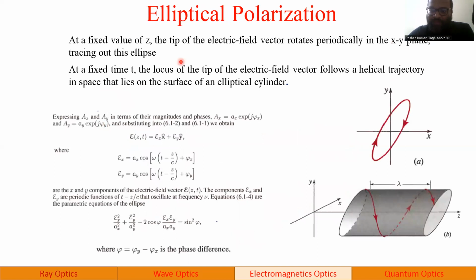Now we see what happens when the phase difference is 0, pi, or plus minus pi by 2. But what happens when the phase difference is beyond these angles? Then the wave travels in a helical path. When the phase difference is neither 0, nor pi, nor plus minus pi by 2, the wave propagates in a helical path. We see it through this equation.